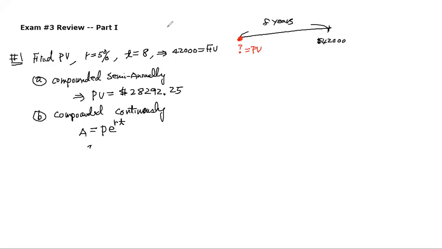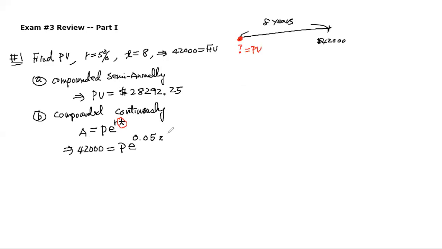So in here, I know still the same thing. My future value here is 42,000. This is my A, which will be equal to the present value times E to the R, which is 0.05 times T. And the T here is always in years, right? So in here we have 8 years.